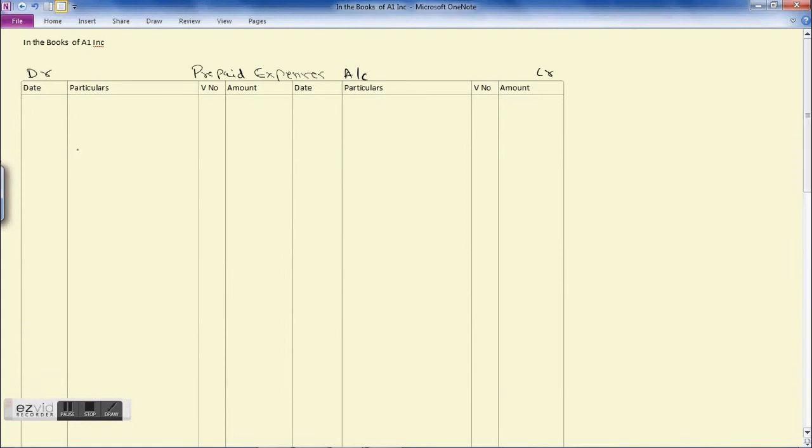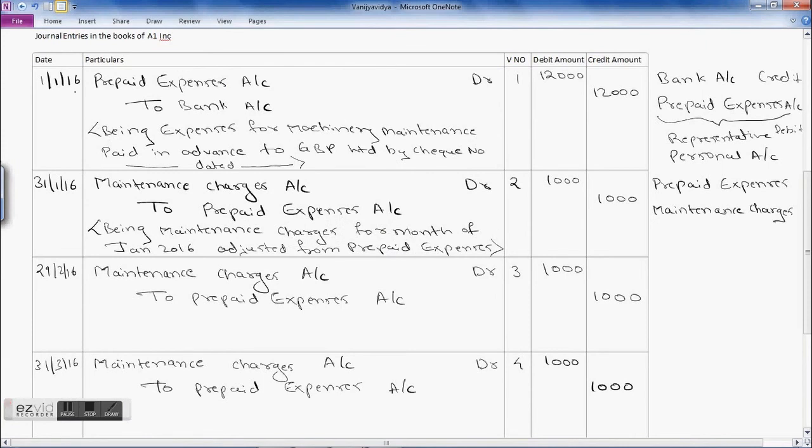Okay, now we will post the entries for first 4 months, that is till 30th April 2016, just to get an idea of how the ledger account looks like. So on 1/1/2016, prepaid expenses account to bank account.